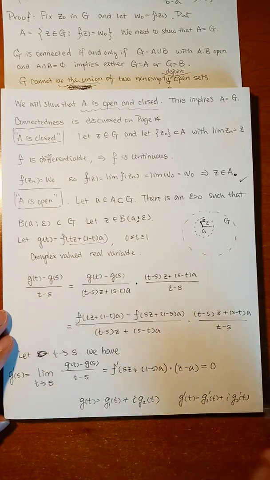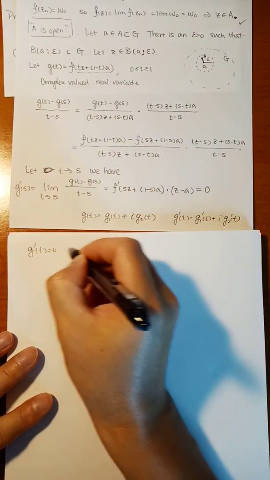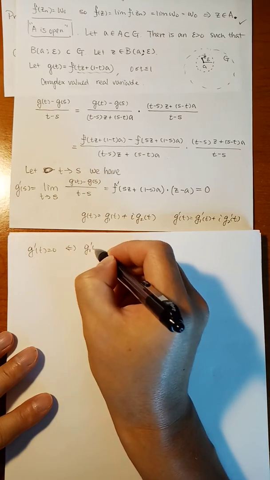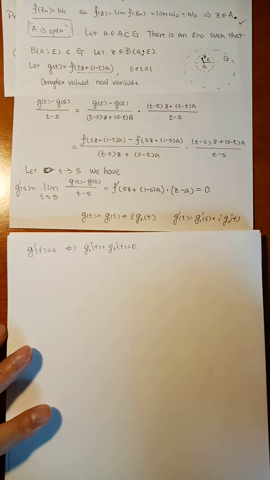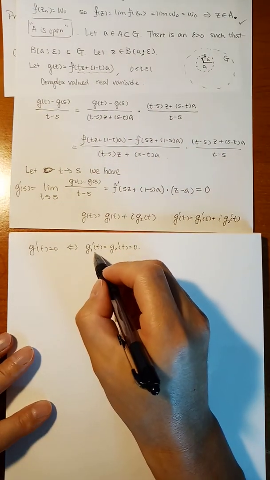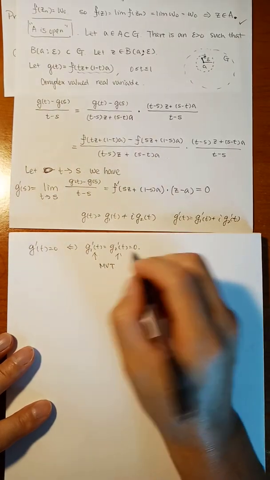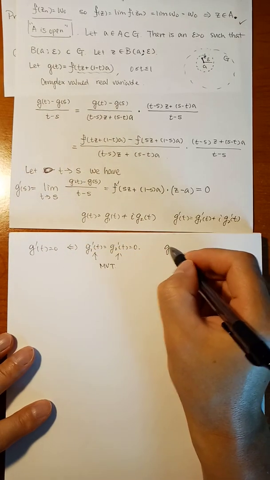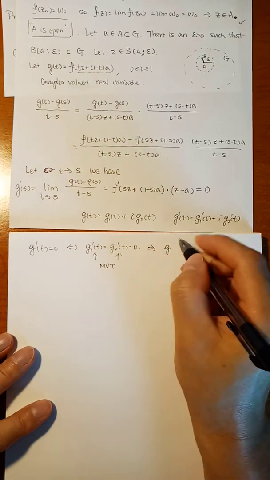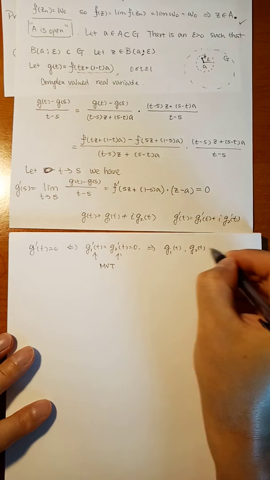So if g prime is 0, it implies g1 prime of t and g2 prime of t are both equal to 0. Then you can apply the mean value theorem for g1 and g2. You will get that g1 of t and g2 of t are both constants.